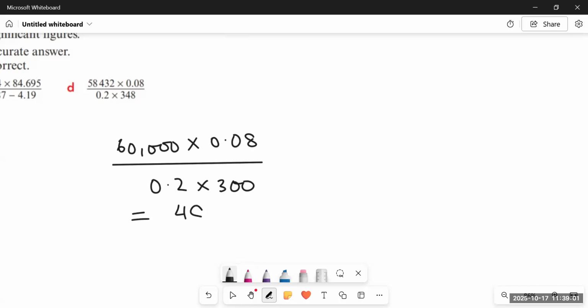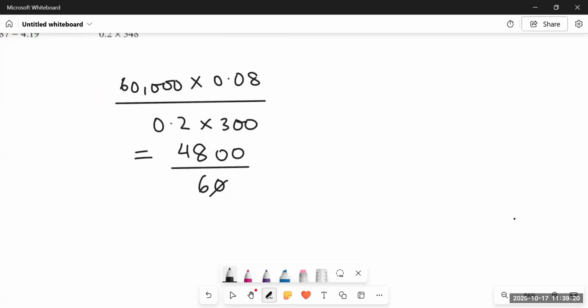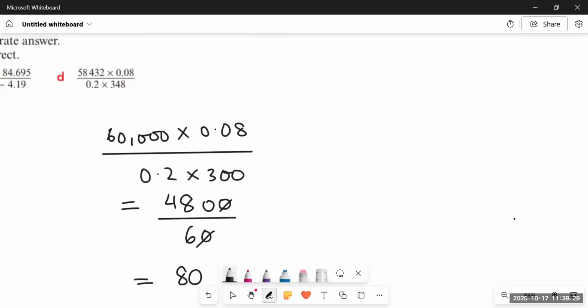It gives us 48, 480,000, and then there are two decimal places, so it would become 4,800 upon 0.2 times 3, which is 60. Now we will divide it, and it will become 80, right? We have already learned all these rules, how to multiply the numbers involving decimals.